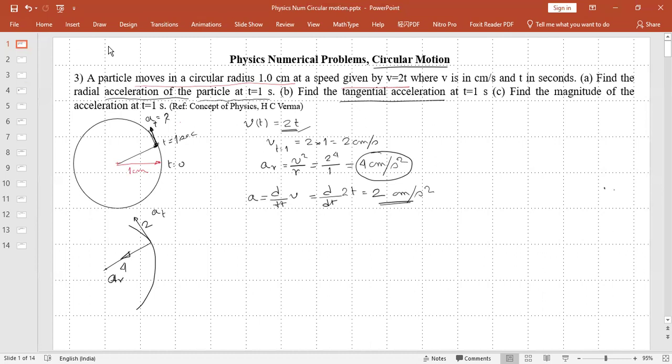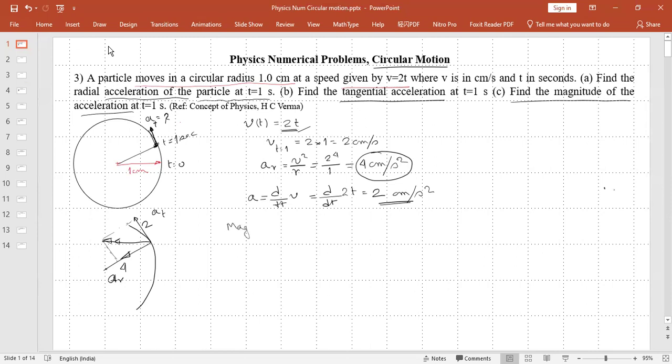So obviously, the net acceleration, the resultant acceleration, is the resultant of these two accelerations. So you can say find the magnitude of the total acceleration.